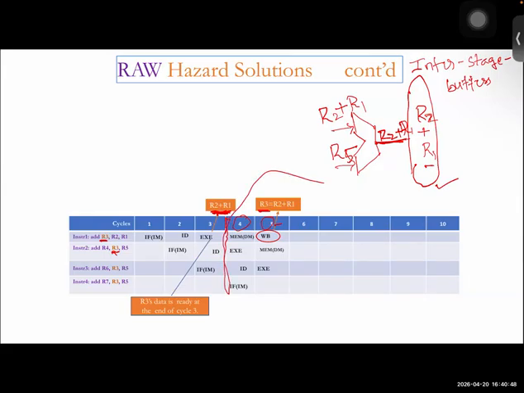I'm just showing this related to this part. So this R2 plus R1 will be supplied from here for execution. So that enters into the execution stage. Instruction 4 enters into instruction decode stage and continues its execution smoothly.